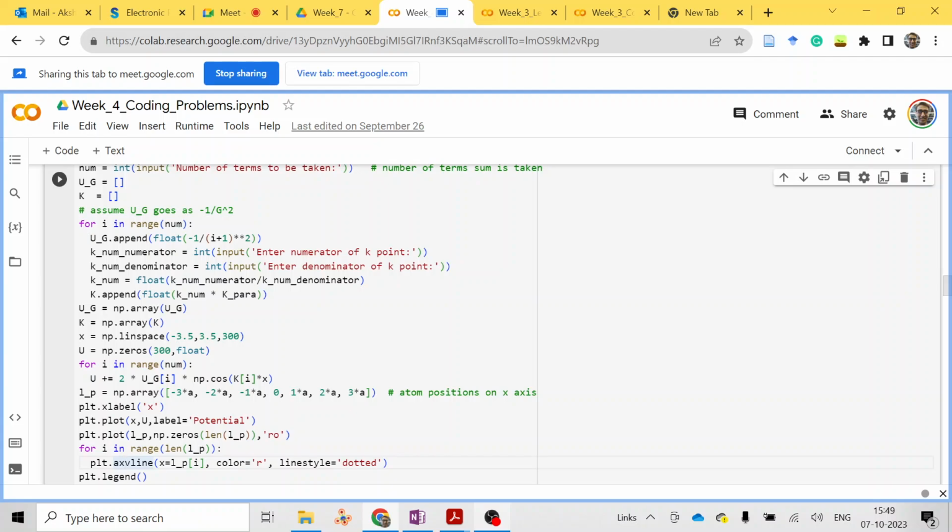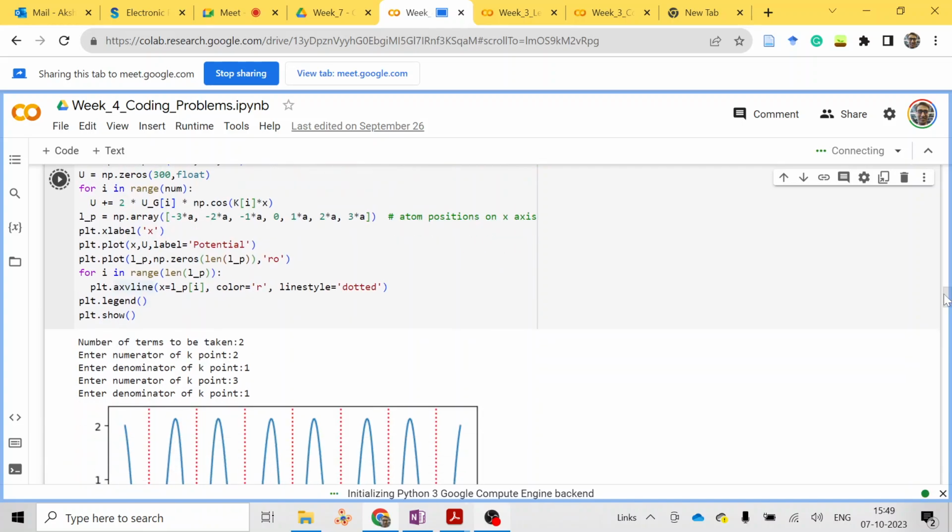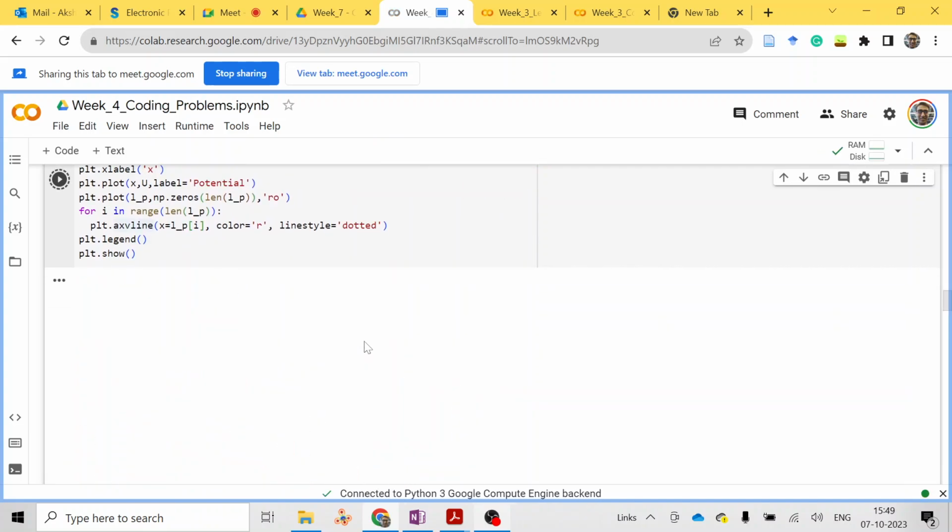Alright, for the first option, let's just run this code. Now for part A, the first option is 2 pi by a. We have to check if 2 pi by a can do the expansion. The number of terms, I'm just taking 1.